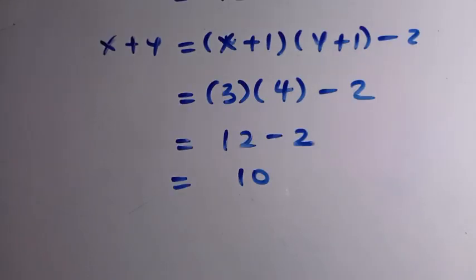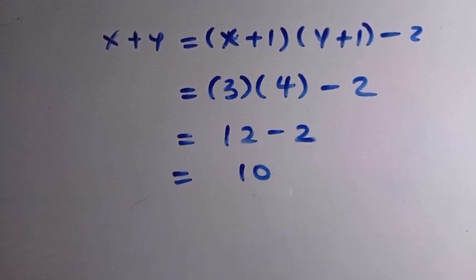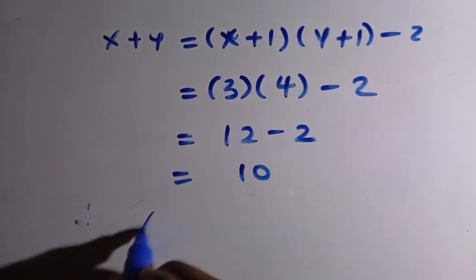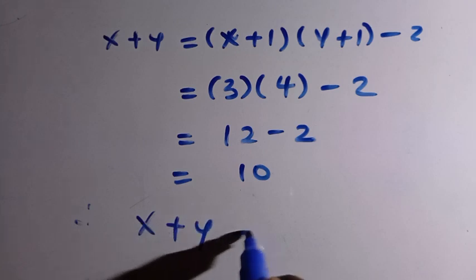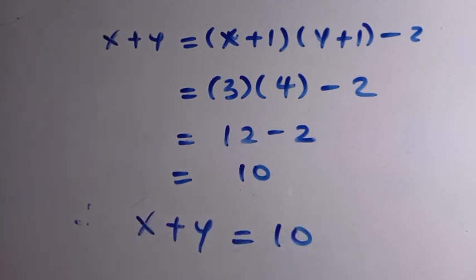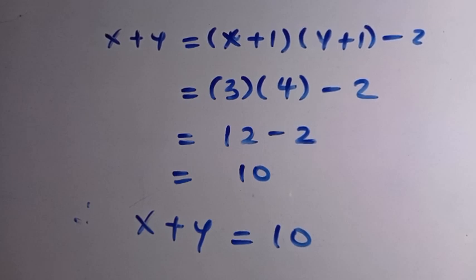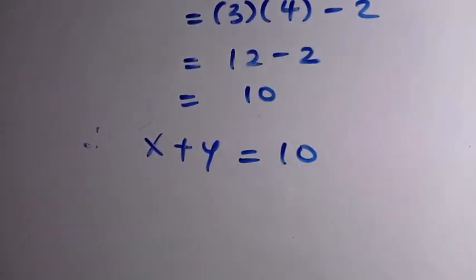And we have to verify from the given question if this truly satisfies. Since we know that for every x + y equals 10, irrespective of all the cases that we check, we are going to get 10. But let's see how this equals.